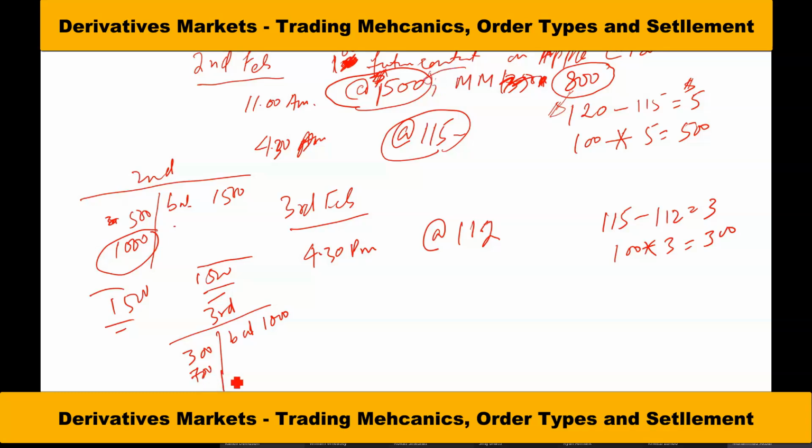So I need to deposit cash of how much? I need to deposit cash of 1,500 minus 700, that is 800. So if I do that, this will be 1,500 and my balance will now move to 1,500. So this is how the mark to market works, and this is how the margin call is made.